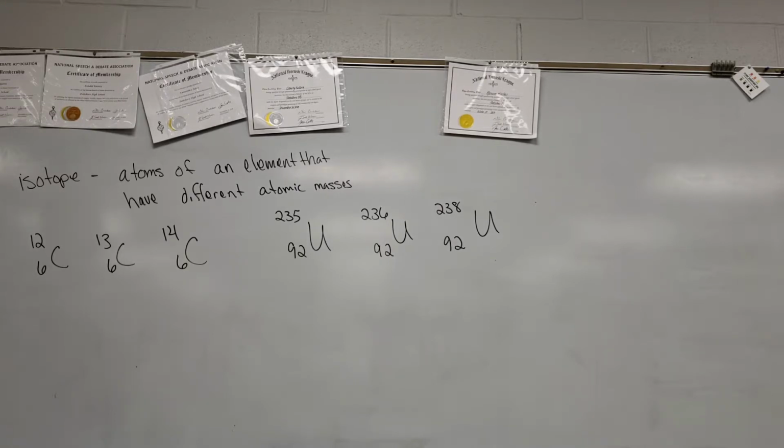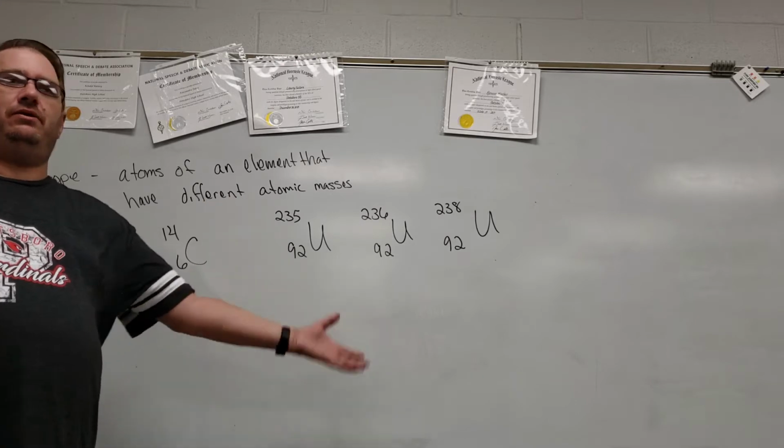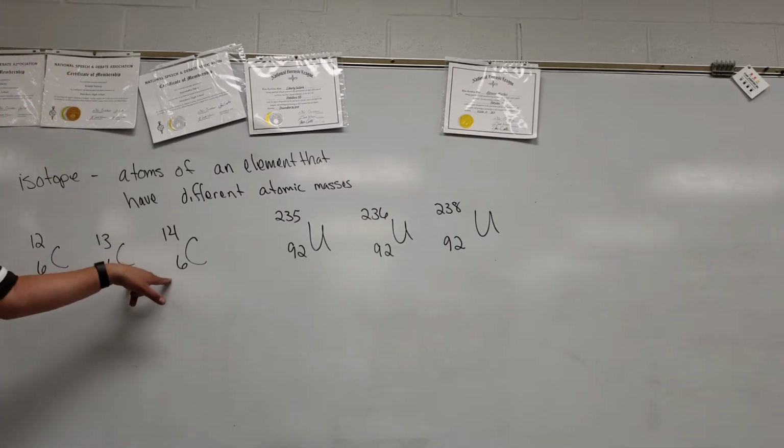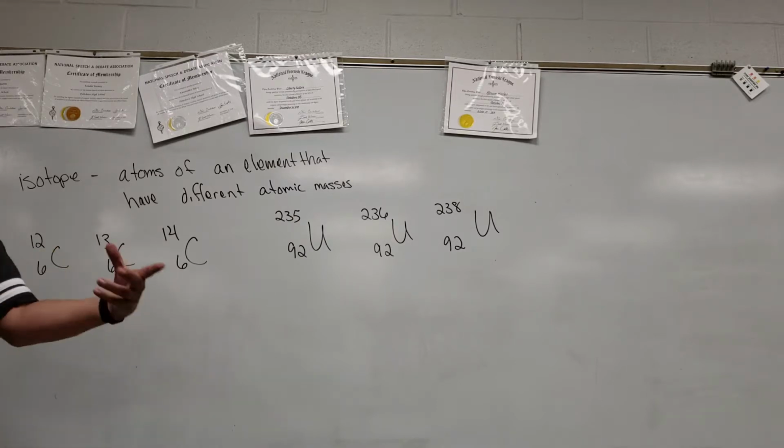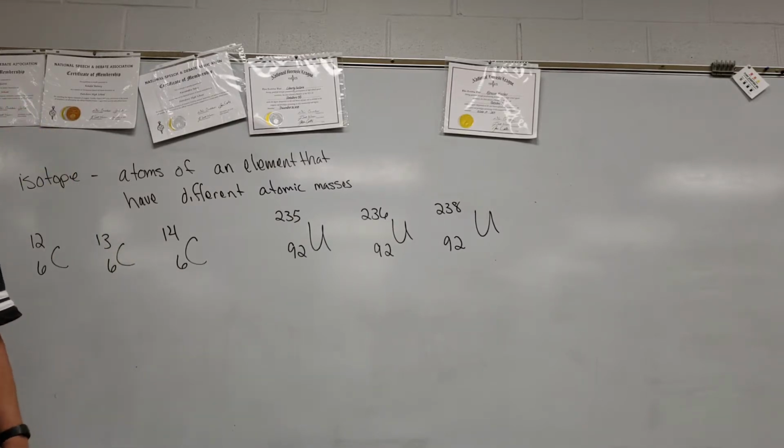They're not stable. Carbon 14 and 13 are also radioactive, and they decay down to 12, which is the most common one, and so it's stable. It's not radioactive. So is 14 radioactive? Yes.